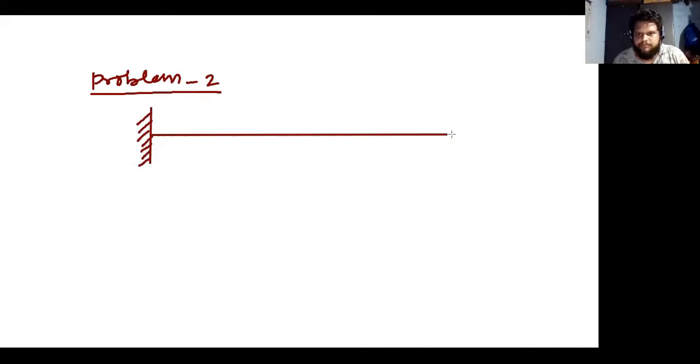There are three supports in total. One span has a 40 kilonewton load, another has a UDL, and the last span has one more point load of 30 kilonewtons.